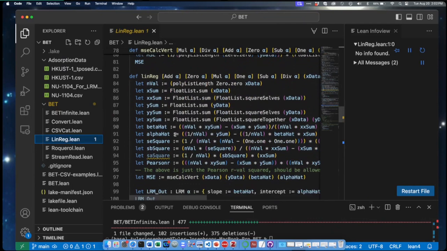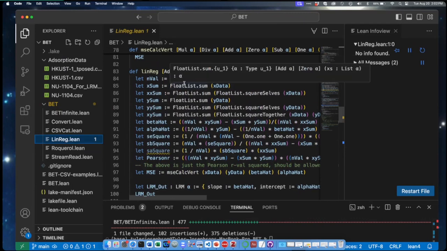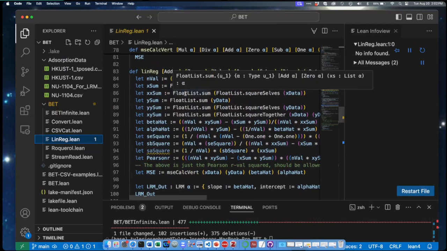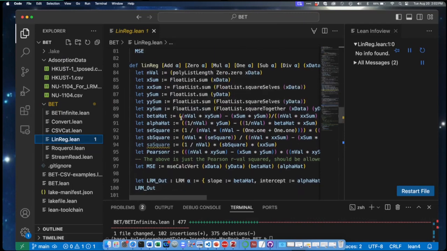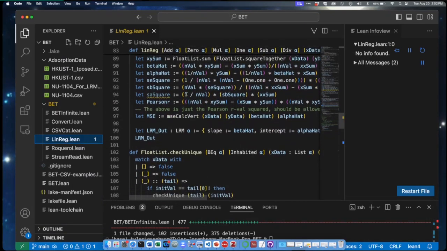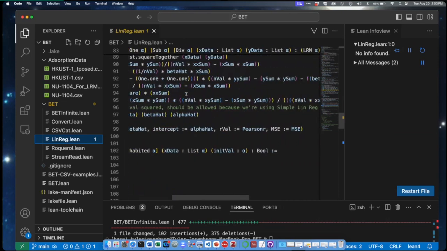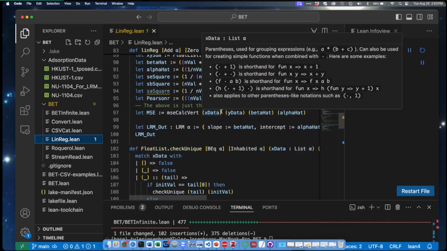Again, this one is following a similar style: we do sum of x, sum of x squared, sum of the y's, sum of the y squares, and so forth. If you're familiar with the math of linear regression, then this should look familiar, but we're just calculating all of these terms and then using all of that to back out what the slope and the intercept would be.